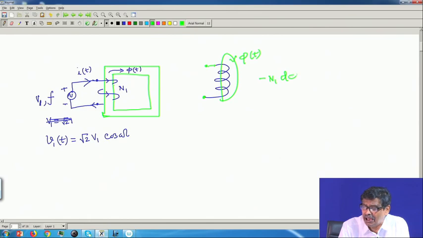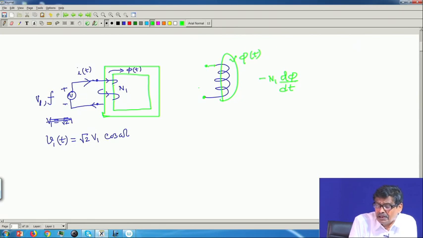d phi dt. About that sign it is not so important, but this is the induced voltage. The flux linking the coil is changing with time, and therefore there will be an induced voltage across this coil. In this case, this flux is created by the current carried by the coil itself, but it does not matter.